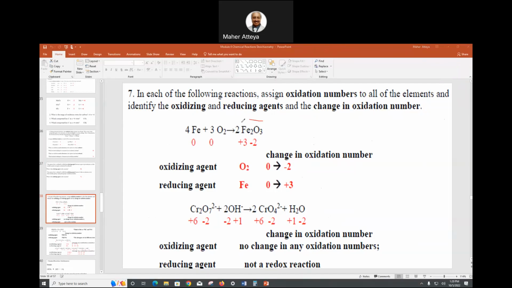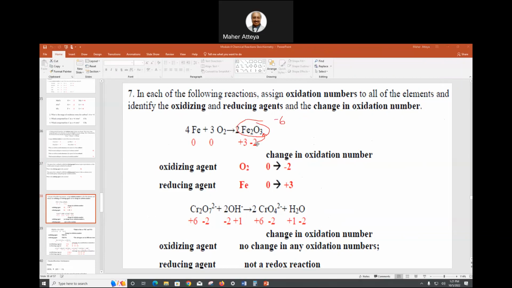Look at this. So how in the world do I know that iron is +3? Well, look at this. 2 multiplied by 3 minus 2. Oxygen is always -2, so the sum for oxygen is -6. Correct? Oxygen is always -2, except when it's in a peroxide, where it will be -1.